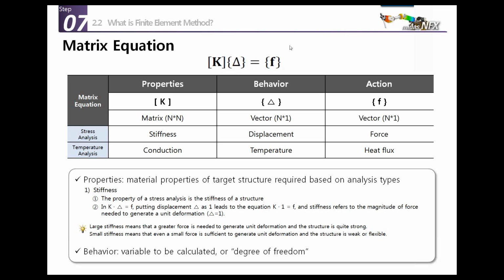This equation is valid because this is a linear system. So if you're doing stress analysis, the K matrix will be the stiffness, the delta will be the displacement, and the F will be the force. But if you're doing a temperature analysis, the K will be the conduction matrix, the delta will be the temperature, and the F will be the heat flux.